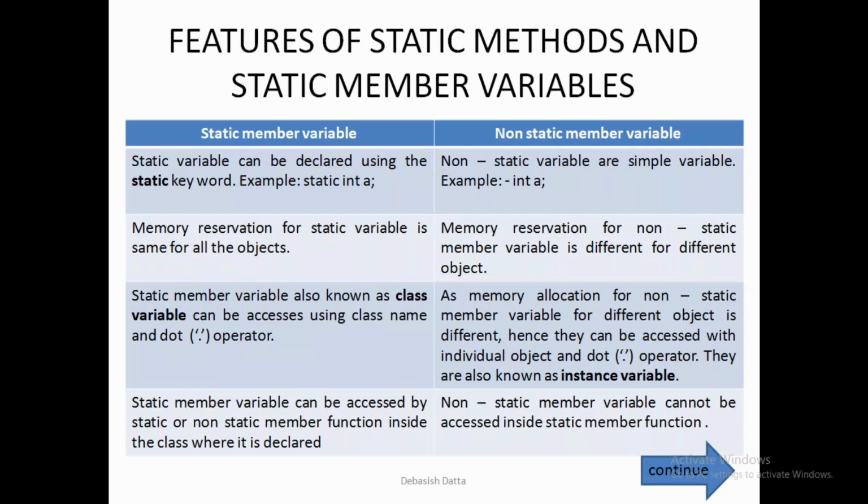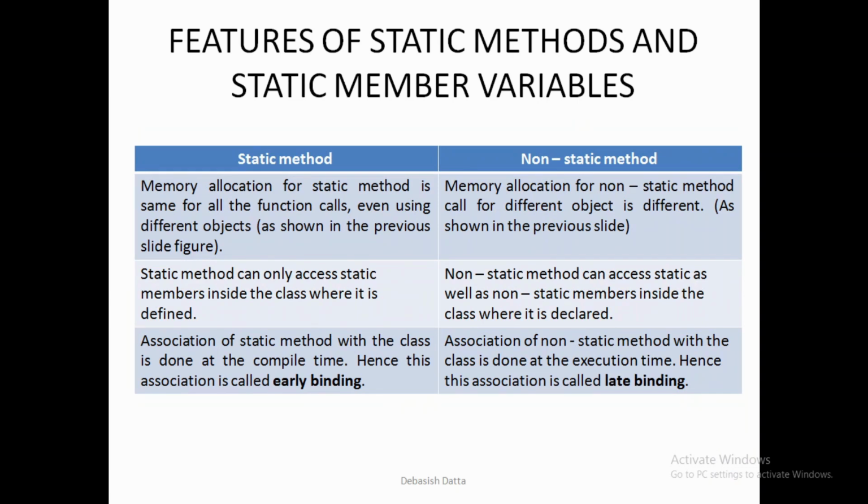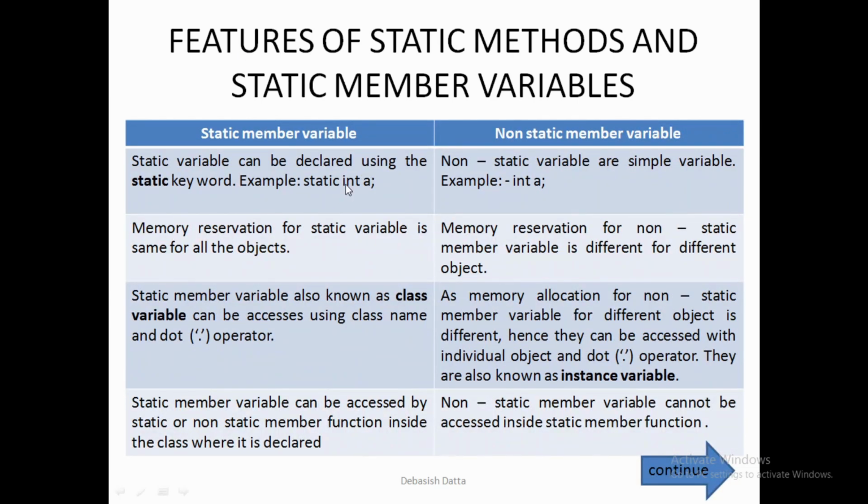But in this slide I have discussed these features in the form of a difference between static and non-static, both for the member variable and the method, as you can see here. This will help you to understand, feature by feature, how a static member variable or a static method is different from a non-static member variable or method. Let's start from the first point.